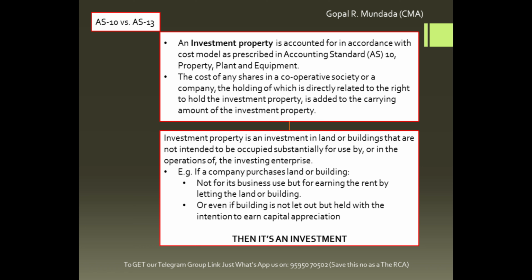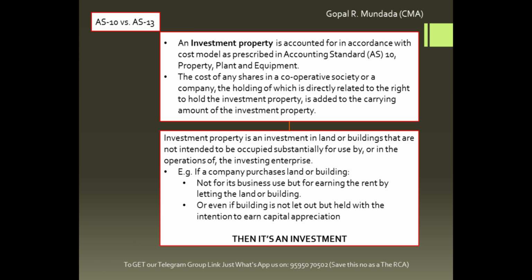From such property I gain rent and other revenues. From this point of view, that asset comes under the property, plant and equipment definition laid down by Accounting Standard 10. So guys, that property is not covered under Accounting Standard 13. This is the most important point for us, guys.